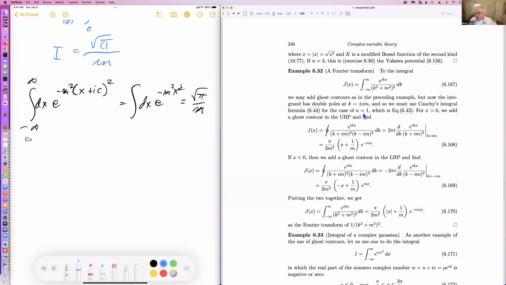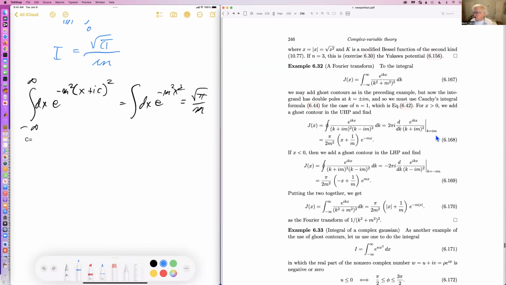Anyway, it's Cauchy's integral theorem for derivatives. For positive x, we add a ghost contour in the upper half plane, and we have this expression after factorizing. And Cauchy's integral formula then tells us this is 2 pi i times the derivative of the integrand evaluated at k equals im.